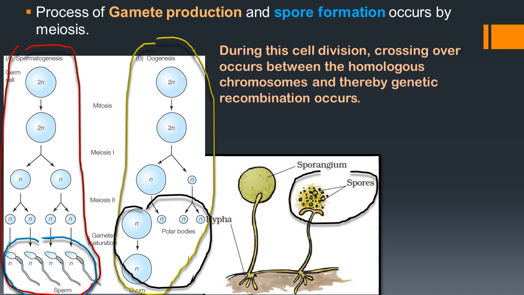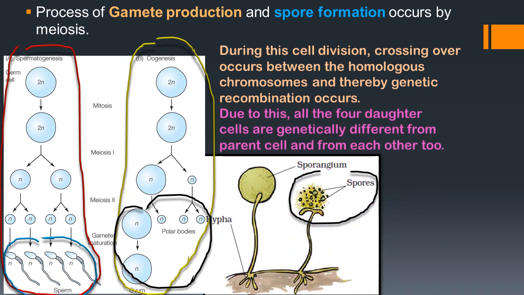That means two identical chromosomes, one from each parent, and thereby genetic recombination will occur. Due to this only, all four daughter cells are genetically different from the parent cell and from each other too. So this is how gamete production will take place in organisms, in the case of a human.